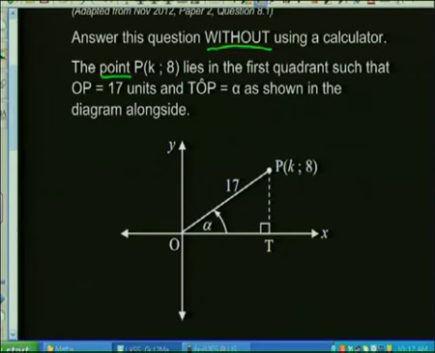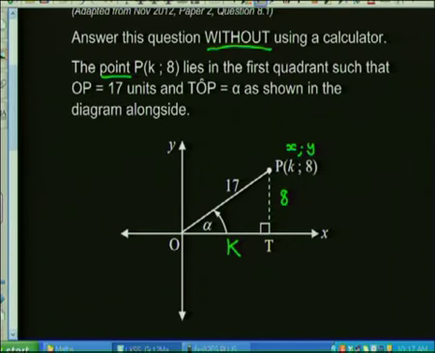The k value is our x coordinate, and the 8 is our y coordinate. Immediately we can interpret this and understand that OT is equal to K, and that PT has a value of 8 units.